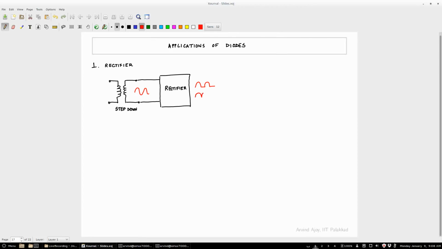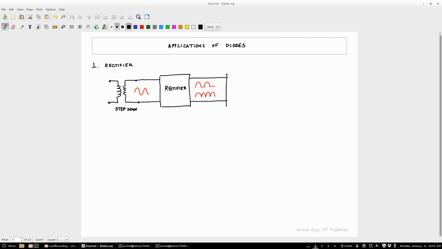So basically, if I look at the waveform here, it is going to be a sinusoid, right? The waveform of the rectifier, depending on the nature of the rectifier, can either be, if it's a half wave rectifier, a waveform like that. If it's a full wave rectifier, you will have something like that, right?